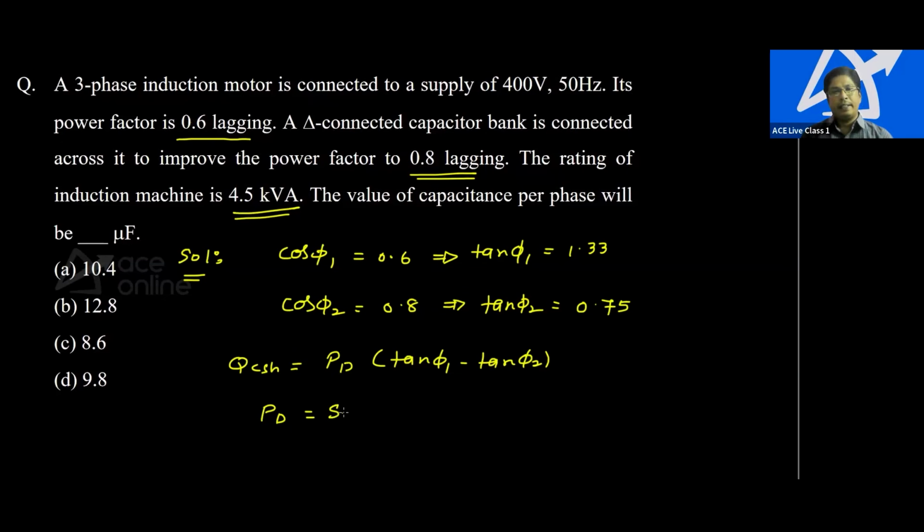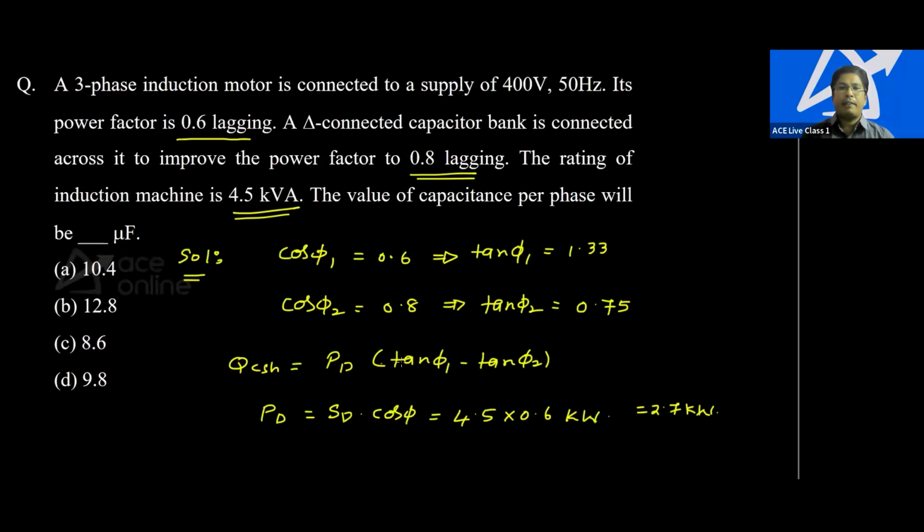It is 4.5 into 0.6, which is 2.7 kilowatts. That is the active power demand.